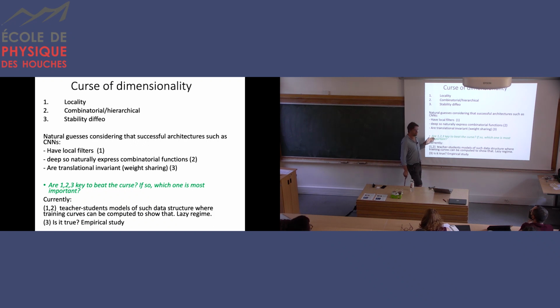Okay, so what I will be telling you is, we don't have the answer to this question, but what we are trying to do to think about them. And for 1 and 2, I think our approach is to try to be quantitative, and as empirical people who like to do empirical studies, one aspect that you can measure are the training curves.